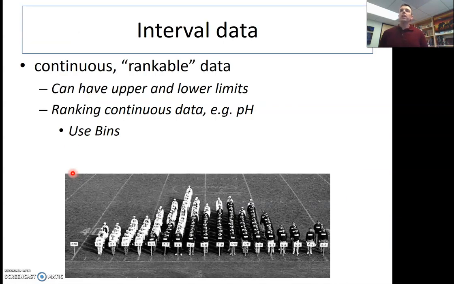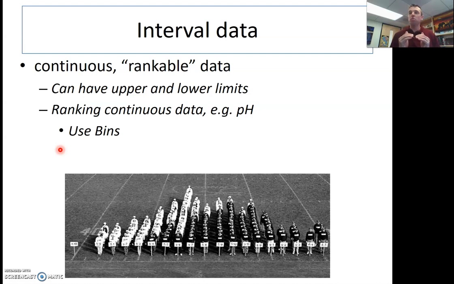Then we get to data that is a lot easier, or better, to do statistics with. This is continuous data. Continuous data is rankable and has everything in between. For example, heights. Even if two people are 6'0", chances are good they're not the exact same height.